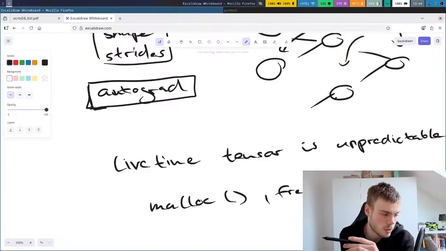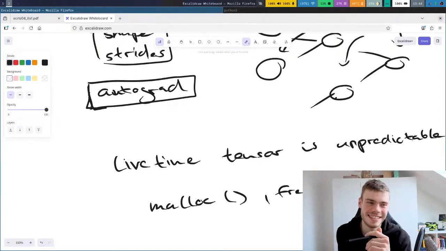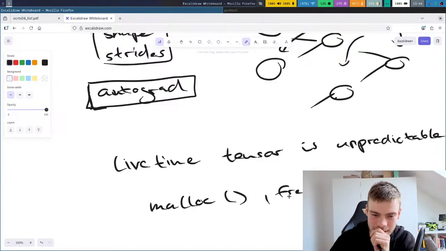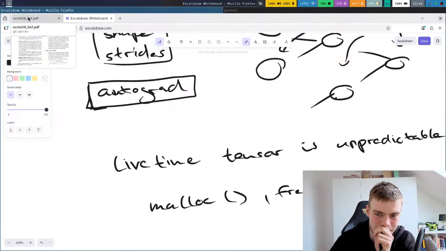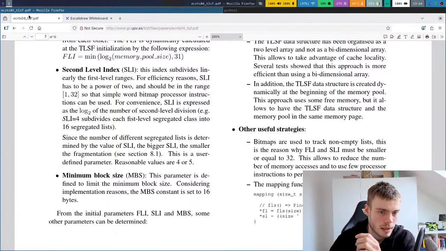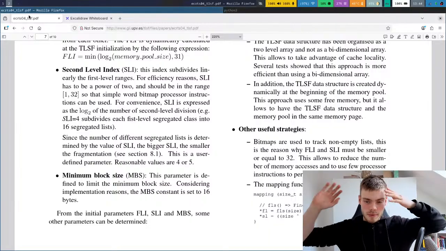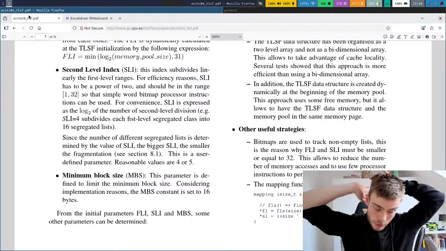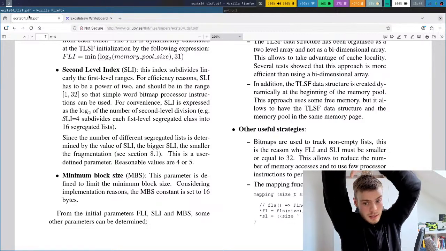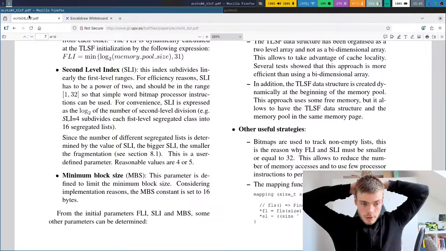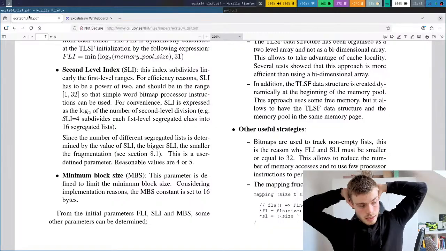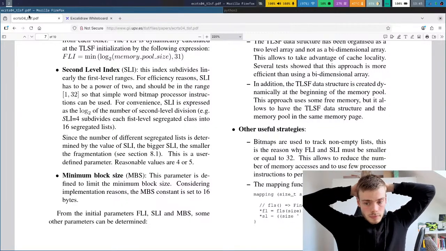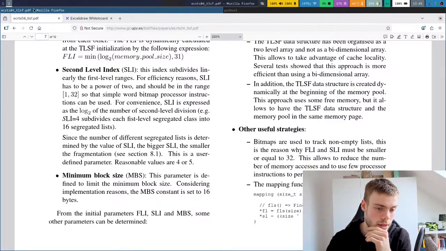But I don't want to do it. That's the explanation. I want to implement something that I can use instead that allows me to free individual tensors and allocate individual tensors, something that I control and maybe then optimize if needed.